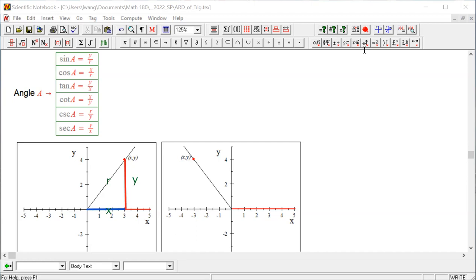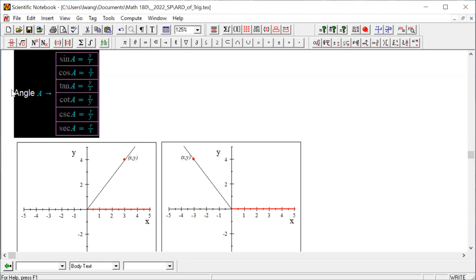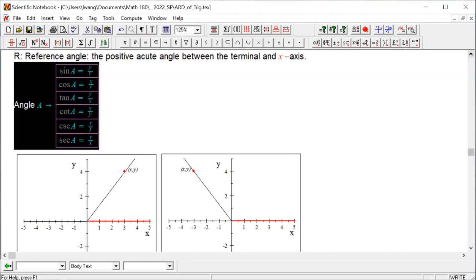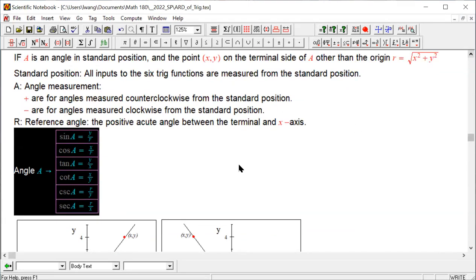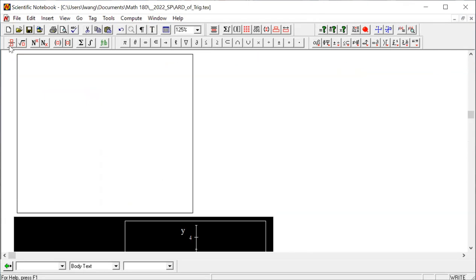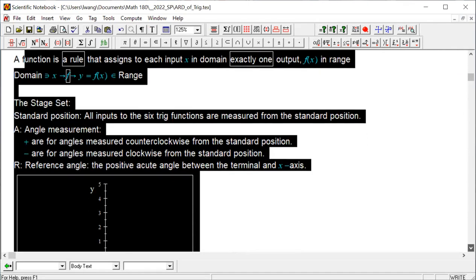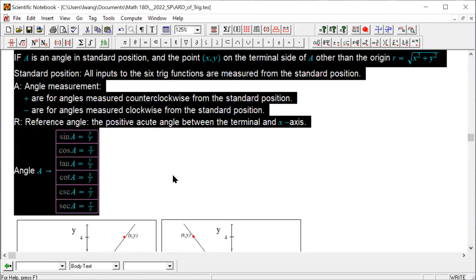Let us try to have a better understanding of the definition. I have prepared some examples for us to go over. I'm going to take all of these and the stage set.